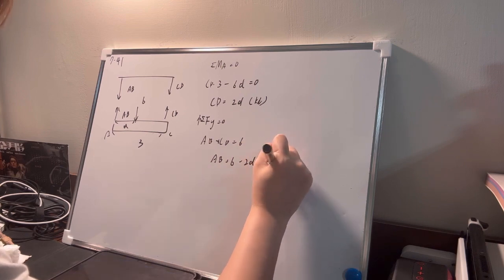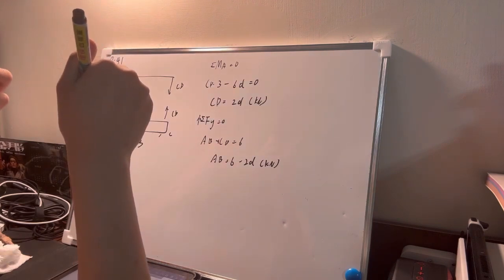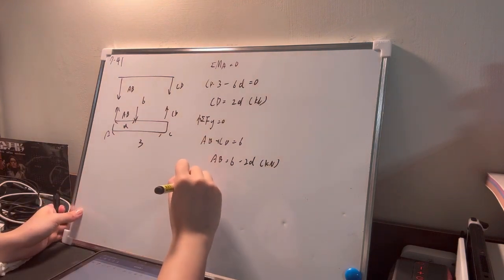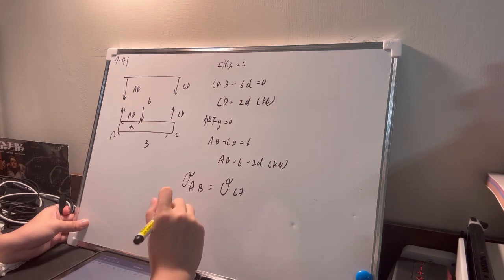Basically it says this AB has to equal this CD.